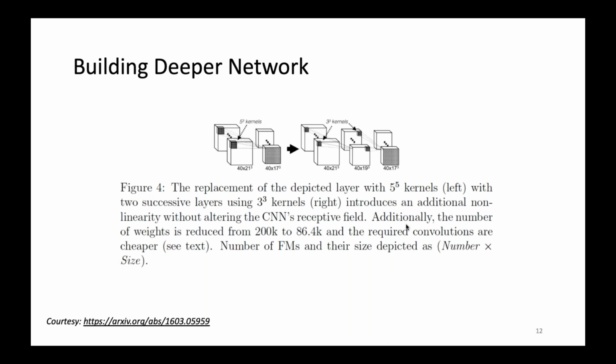I think it is done similarly in Inception, thereby reducing the number of trainable parameters. It reduces from 200K to 86.4K, and convolutions are a lot cheaper.